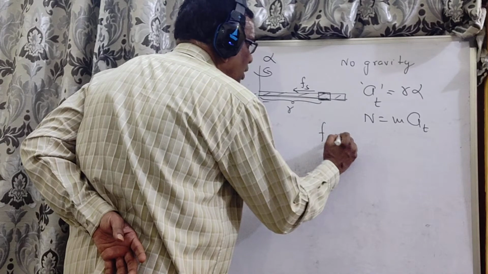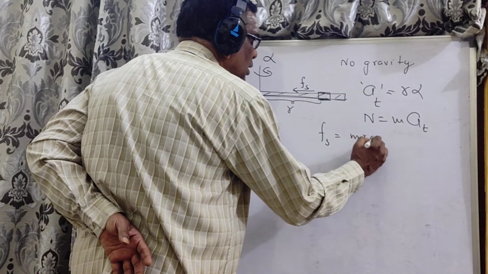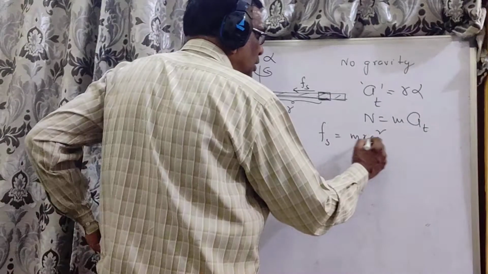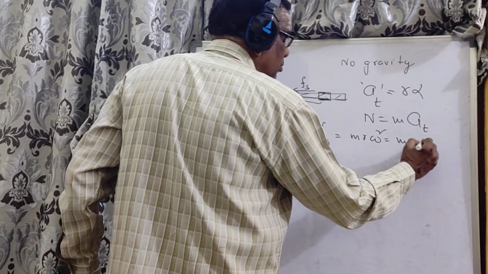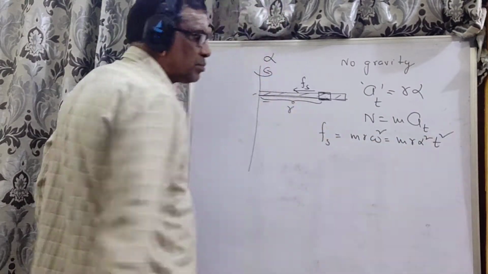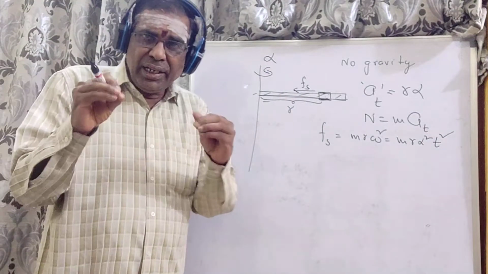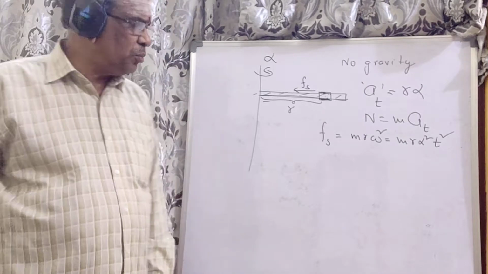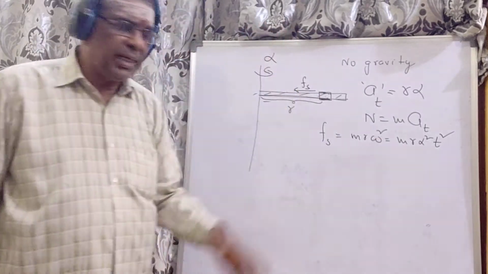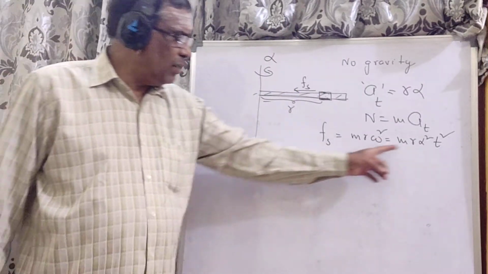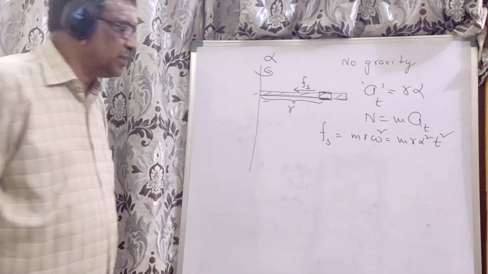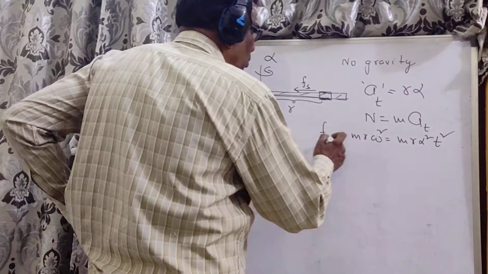Therefore, Fs is equal to mr omega square. And omega as usual is alpha t. I am avoiding complication. I am not taking mg into the picture so that I can get a straightforward case. Fs is after a time t. This is your Fs.